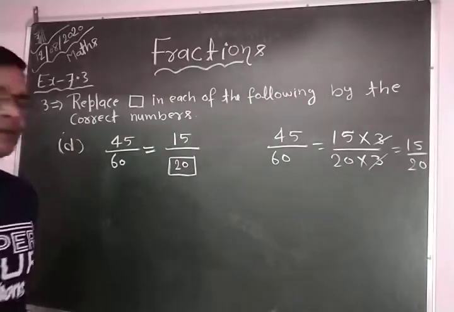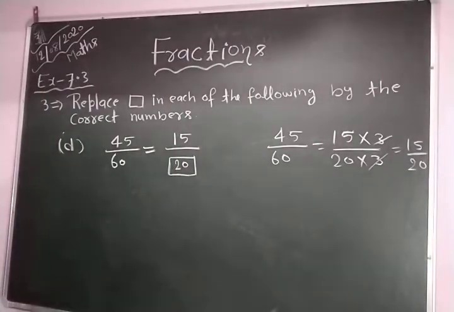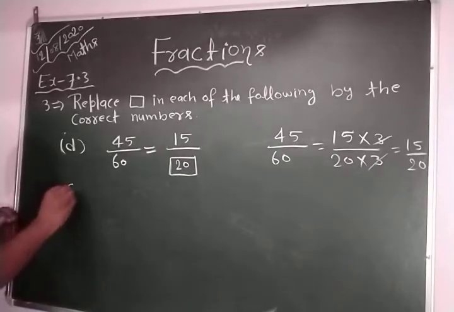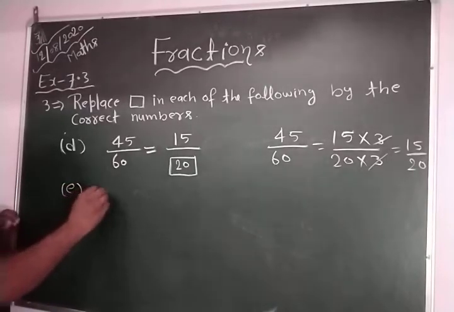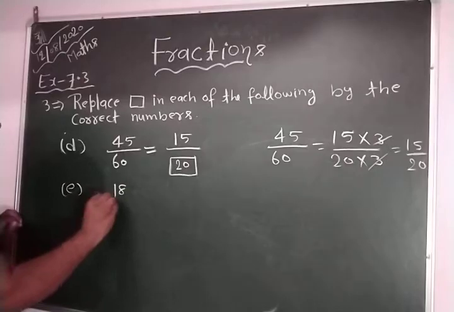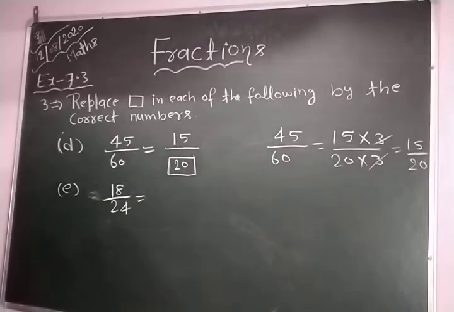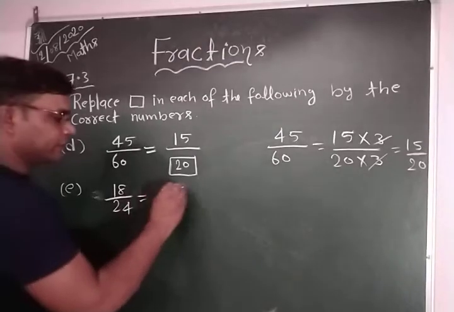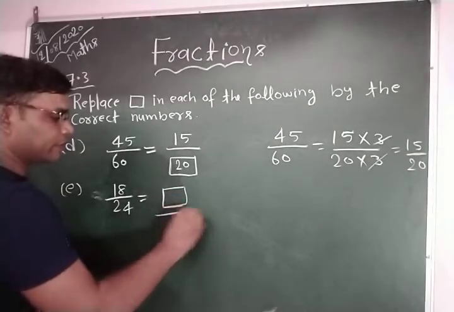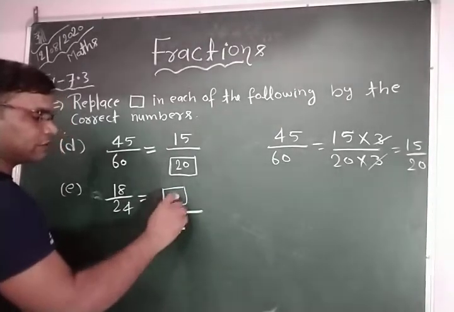Clear? Now the E part: 18 by 24 is equal to blank by 4.